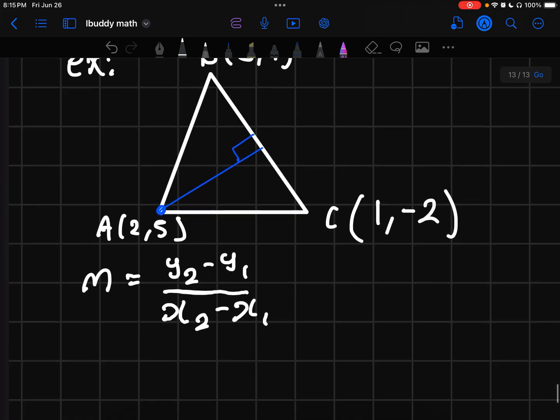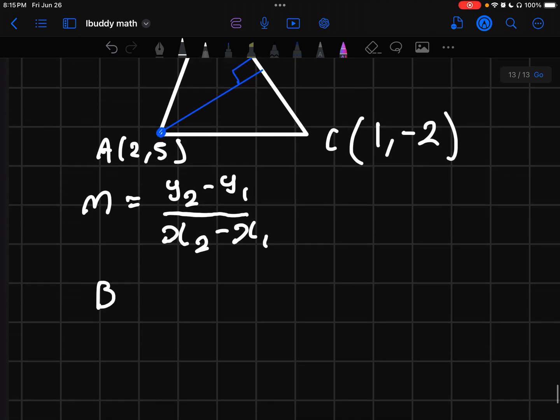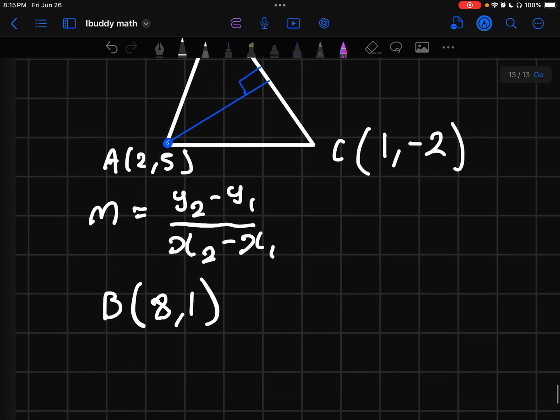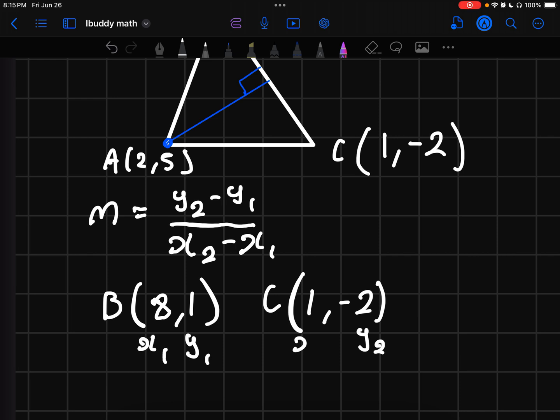And in this situation, we have B as 8, 1 and C as 1, -2. So this would be y1, this would be y2 here, and 8 would be x1, 1 would be x2.